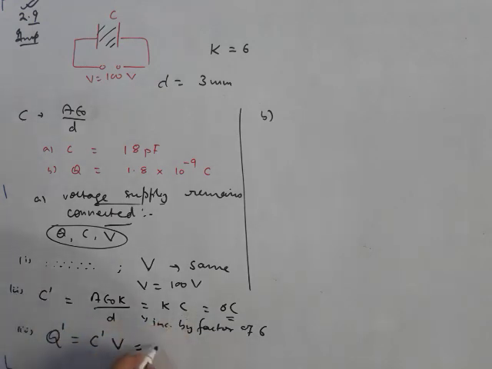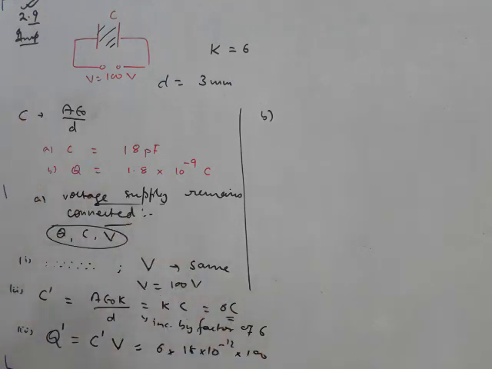So C dash I'll write as 6 times 18 times 10 to the power minus 12, this is 6C, and then V is 100, this much coulomb, you can calculate it yourself.